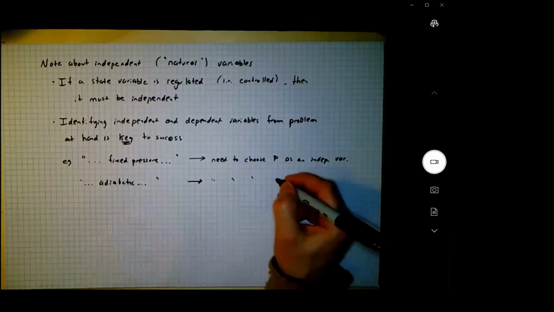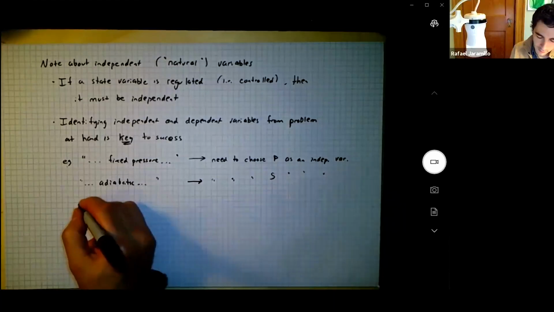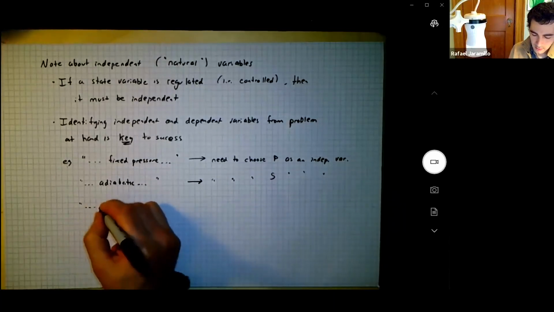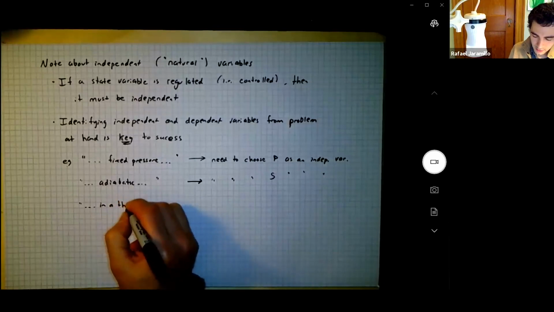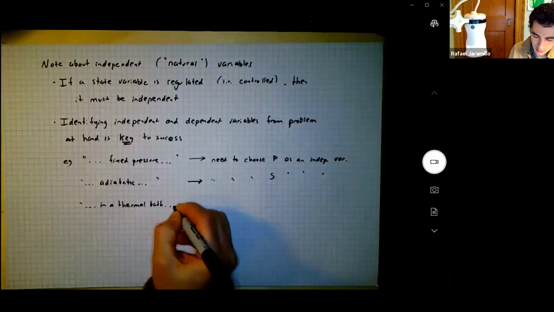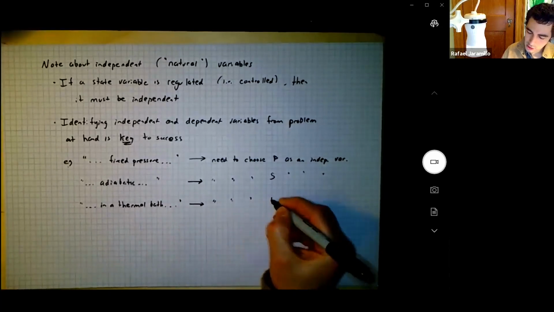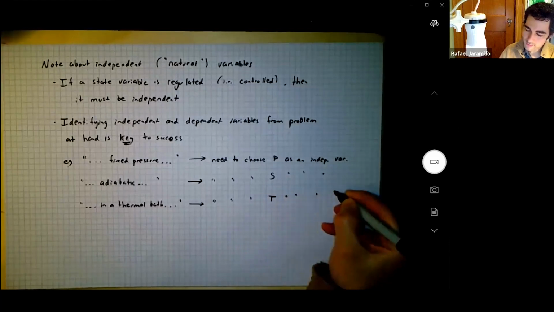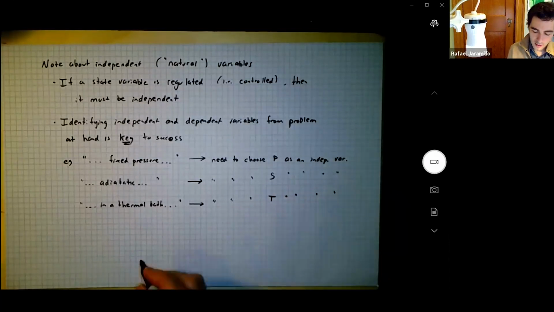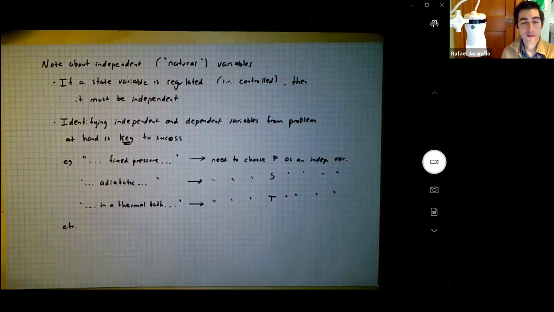Entropy? Yeah, entropy. And if the problem statement says in a thermal bath, then you need to choose temperature as one of your independent variables, and so on. So this is like a key for turning problems that you encounter on problem sets or in the real world into things you can solve using thermo.